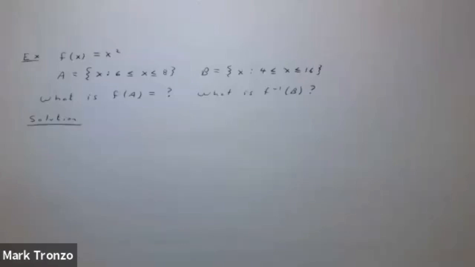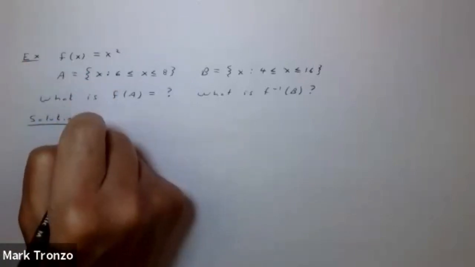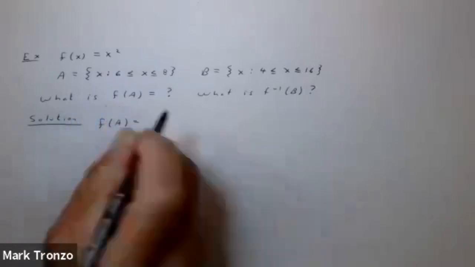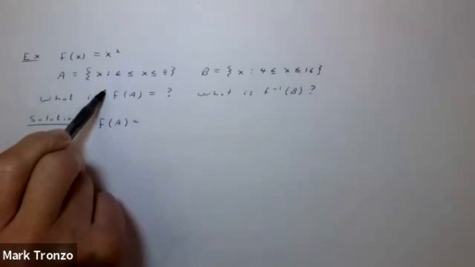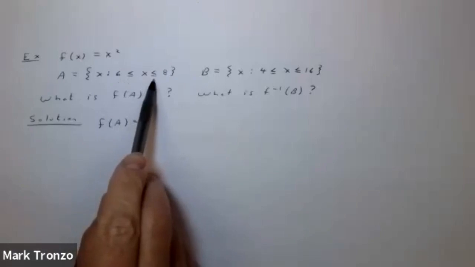So is it pretty obvious what f(A) would be? It's 7. Pardon? It's 7. Let's see. Oh wait, x squared. It's not 7. It's 49. Now, what this is, though, is going to be the whole interval.